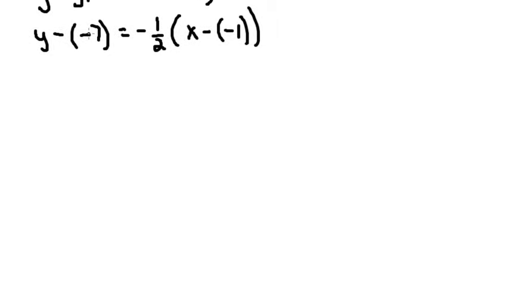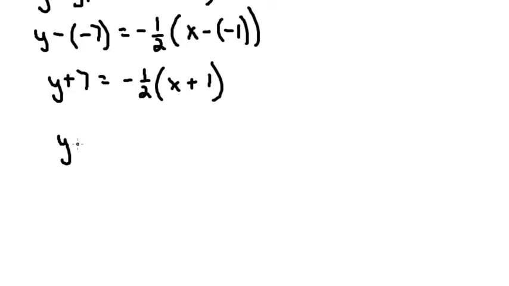So we distribute these negatives: a negative times a negative is a positive. So that's y plus 7 is equal to -1/2 times x plus 1. We distribute our -1/2 in, so y plus 7 is equal to -1/2 x, and then -1/2 times 1 is -1/2.